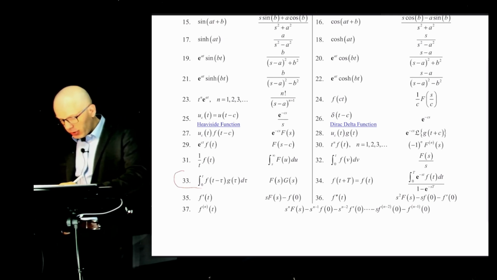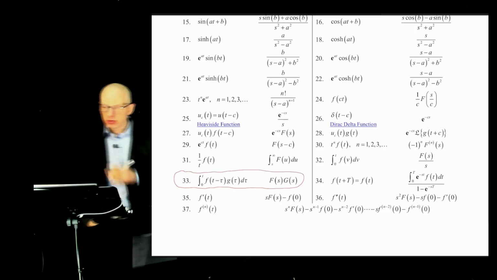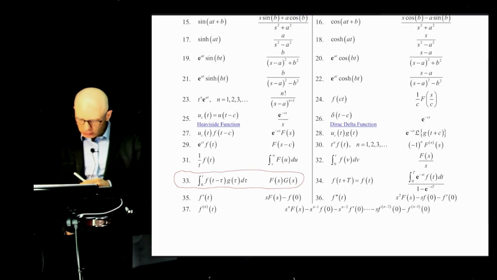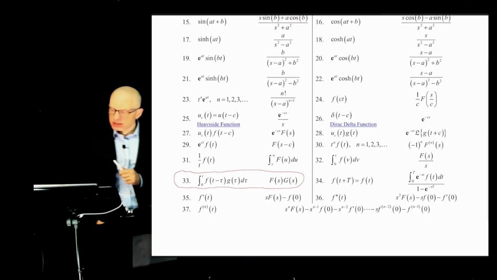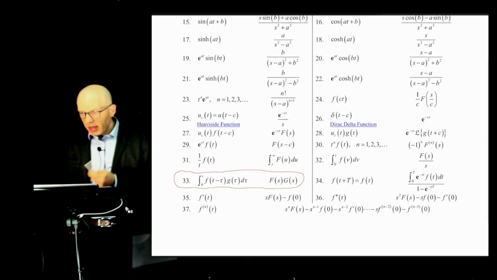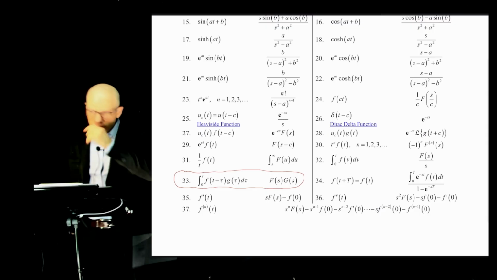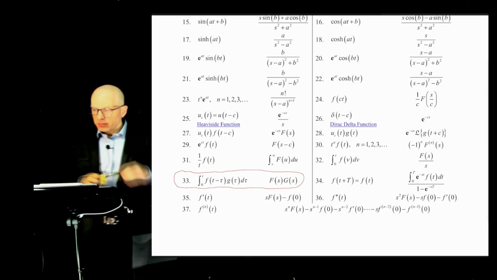Here we have property number 33. So take your table of Laplace transform with you. We are going to use that throughout the lecture today. This property says that the Laplace transform of the convolution integral is simply the multiplication of the Laplace transform of each function in the Laplace domain.